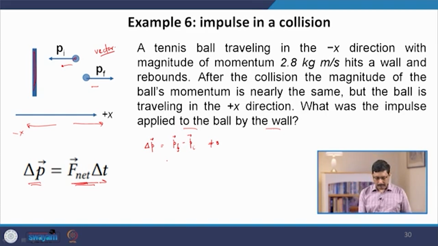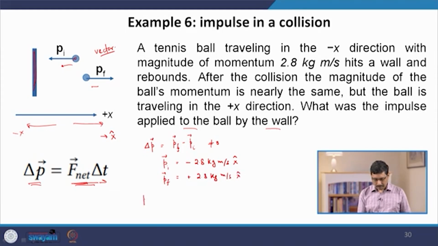So, how to calculate? Let us first write. We have to be careful about the vector. So, we say that Pi, the magnitude is 2.8 kg meter per second, and suppose we define a unit vector in the plus x direction as x-hat, then its direction is in the negative, so I put a minus sign. And Pf, these are given in the problem, is plus 2.8 kg meter per second.